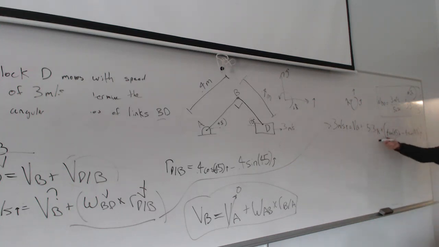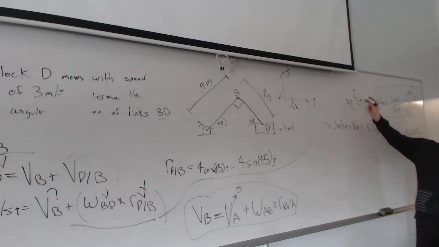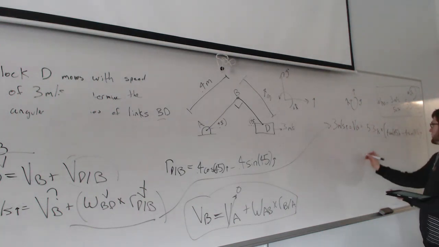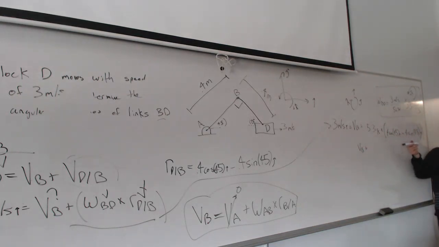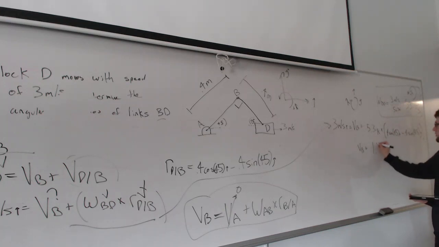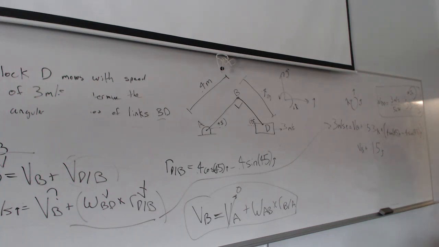K crossed with I, positive J. And then 5.3 times this term right here, which is the 1.5 that I mentioned, and that is positive J. Same thing, 5.3 in the K times negative 0.4 times sine of 45 in the J. We have K cross J, negative I. And it's 1.5 again.